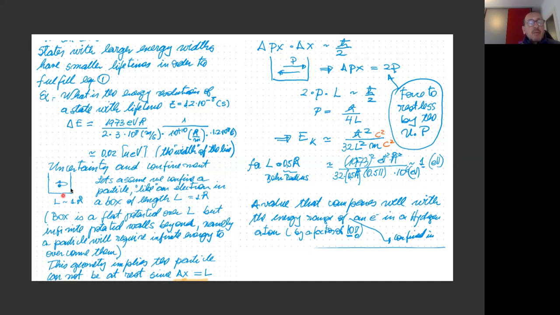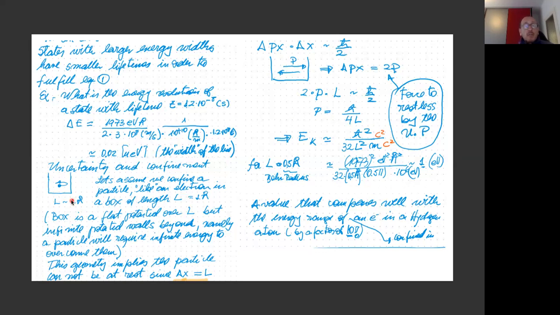There's a minimum kinetic energy that this particle can have while living inside here. That minimum kinetic energy has to do with the fact that it cannot be standing still inside the box, because that would mean delta P is equal to 0, so delta X should be very large, but delta X is not very large because it's located within the box. So there's a contradiction there. How do we solve that?